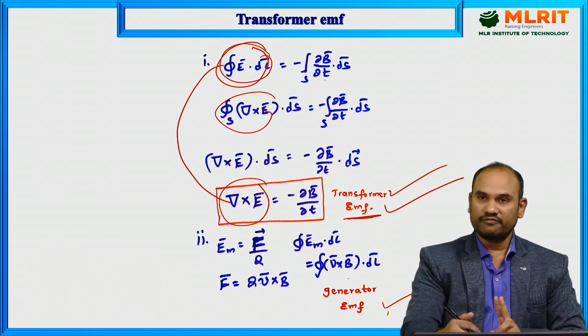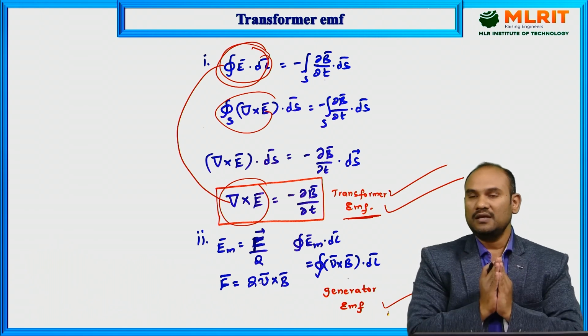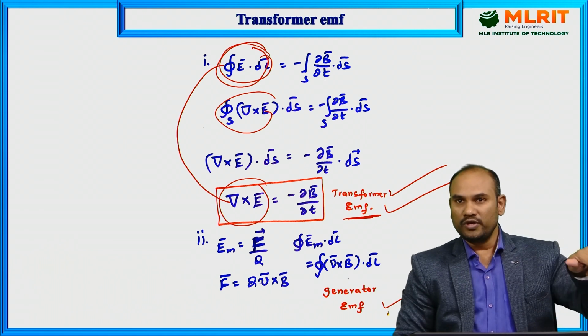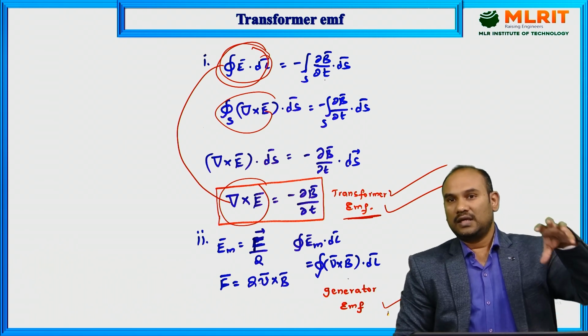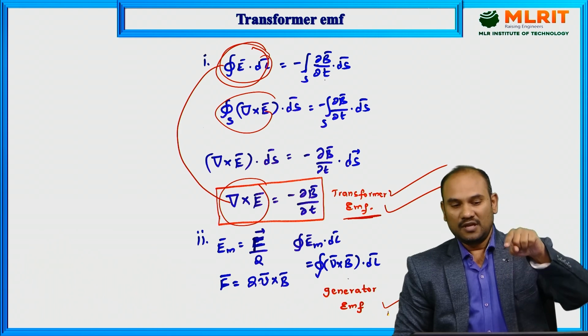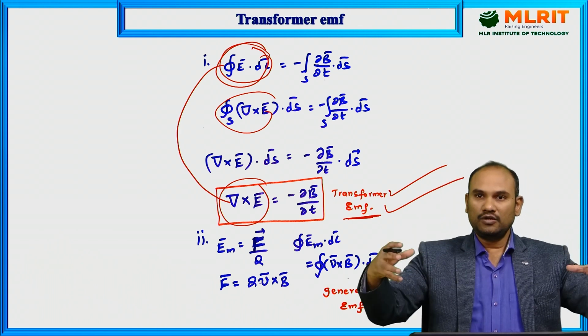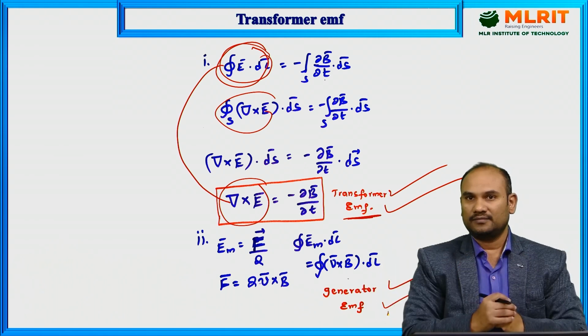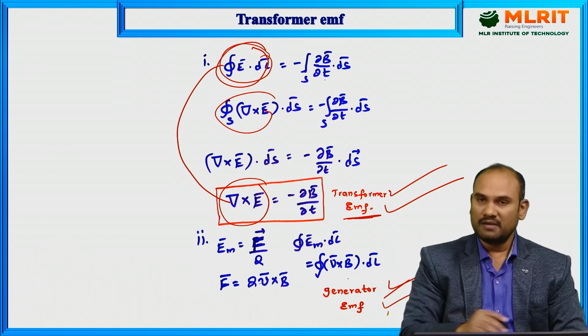You get two types of EMFs, transformer EMF and generator EMF. But to get EMF, essentially the conductor has to move in the presence of a steady magnetic field, or a time varying magnetic field should be there if the conductor is static. In a generator, between two magnets you have a steady magnetic field, but the conductor is moving. So that's called generator EMF.